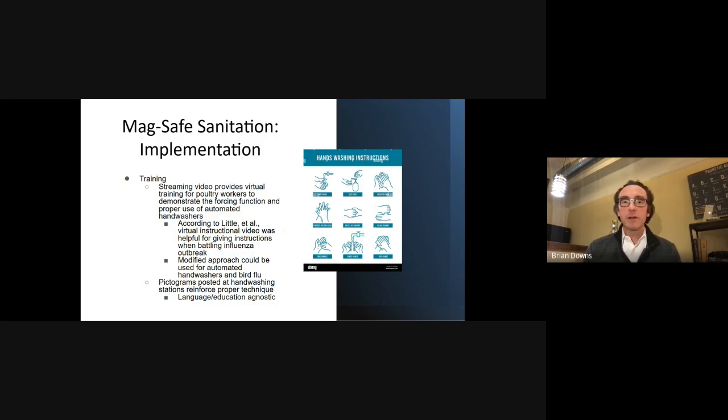In addition, pictograms posted at hand washing stations would be used to reinforce proper technique. And because we're using pictures like an IKEA furniture assembly sheet, this would be language and education agnostic, meaning it should be able to be used in really any part of the world and would not require a high level of education to decipher. Next slide.